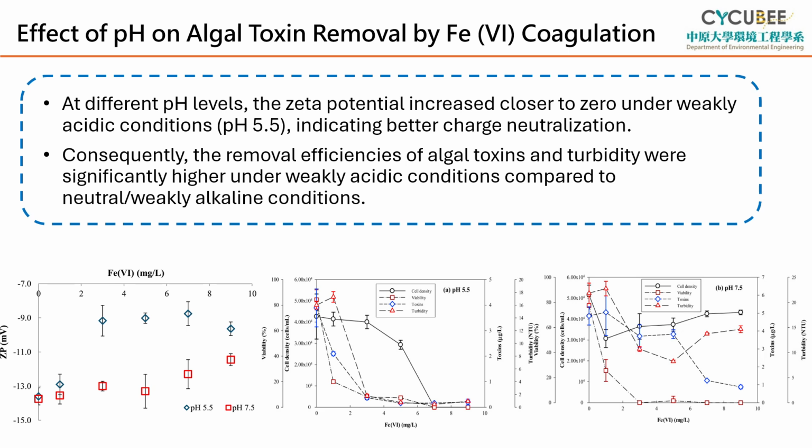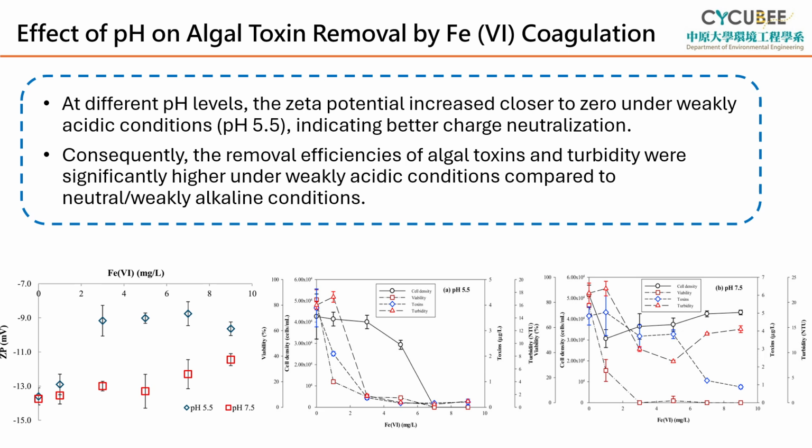The middle one, at pH 5.5, indicates better charge neutralization. Consequently, the removal efficiencies of ergotoxin and turbidity were significantly higher under weakly acidic conditions compared to neutral or weakly alkaline conditions.